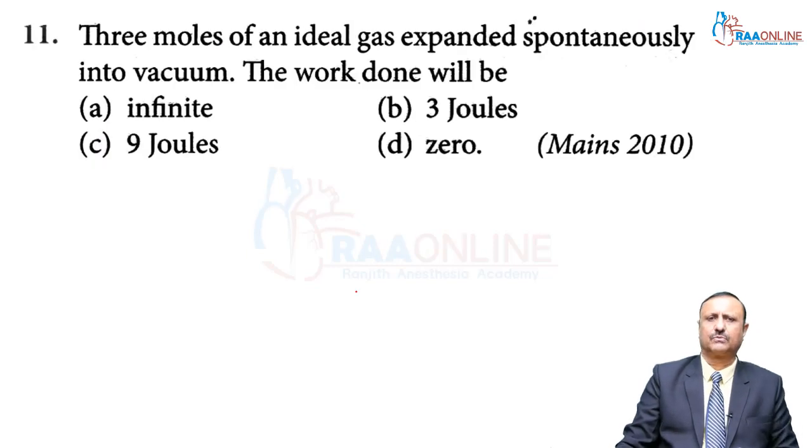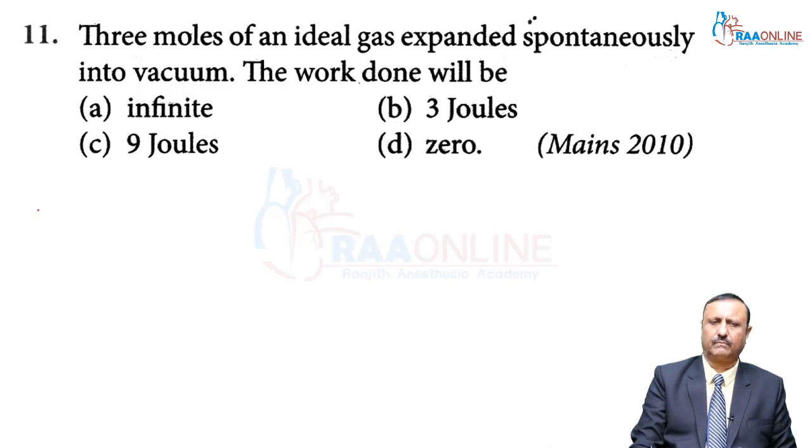Now we can go to the question number 11. 3 moles of an ideal gas expands spontaneously into vacuum. The work done will be? What is the formula and concept?